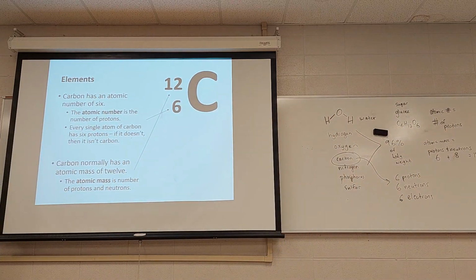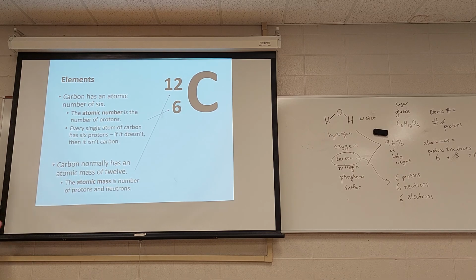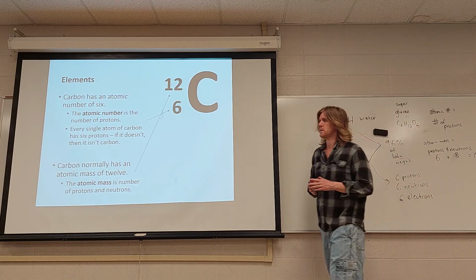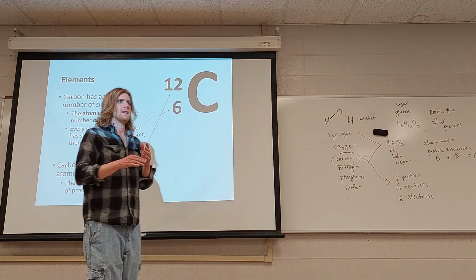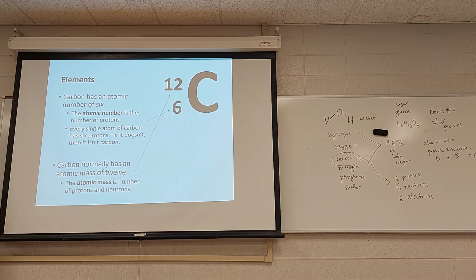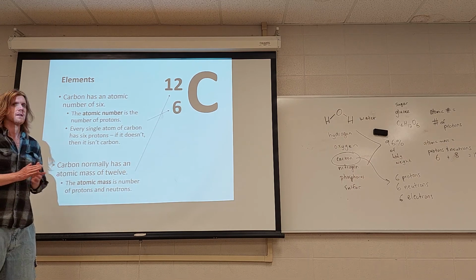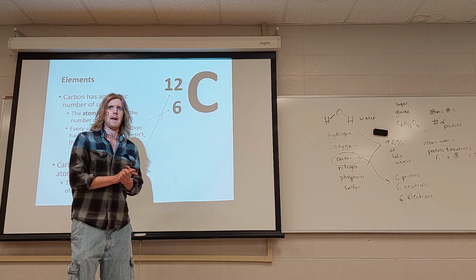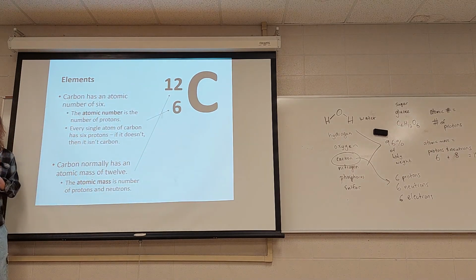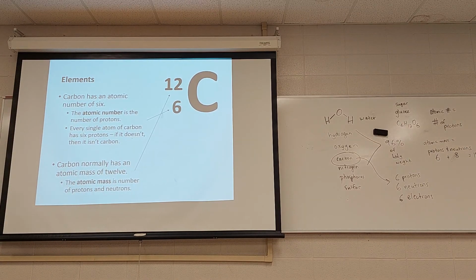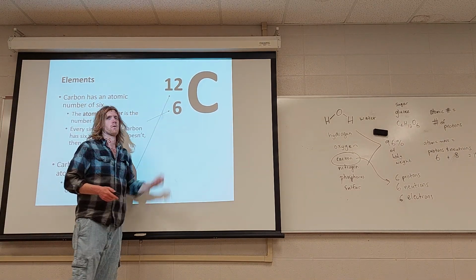If you've heard of carbon dating, carbon occurs in this format, this atomic mass of 14, called carbon 14, and it decays differently than the run-of-the-mill carbon. They can measure the decay, and since the decay occurs at a consistent rate, they can see how old something is by seeing how much carbon 14 has decayed. So that's an example of something with variable atomic masses, but the atomic number is always going to be 6 for carbon.